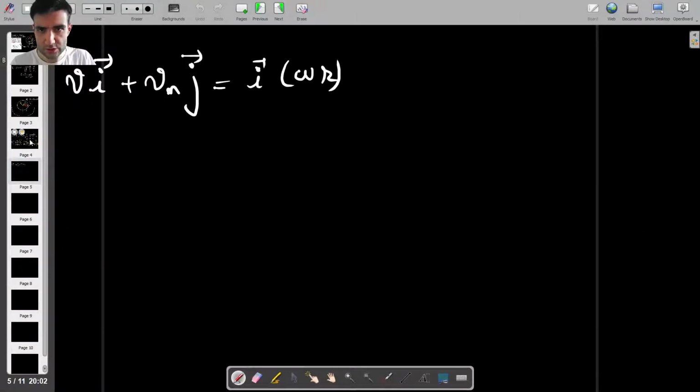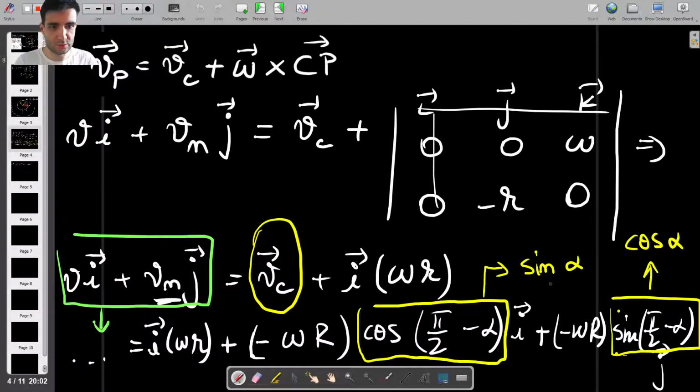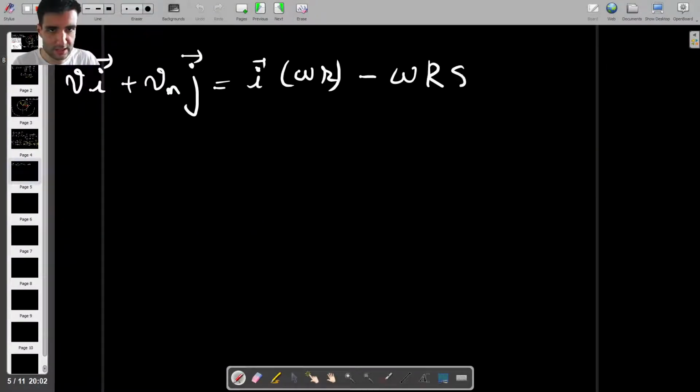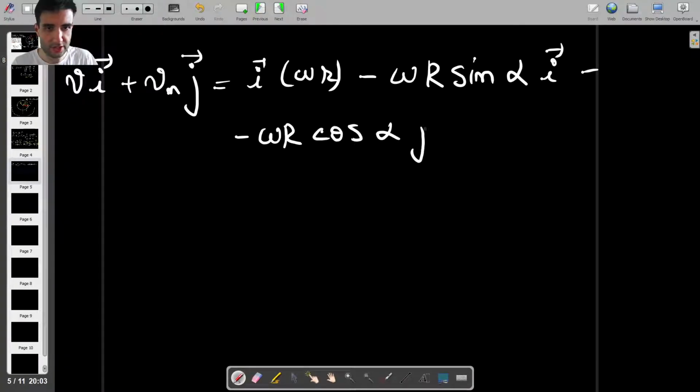So we're getting i omega r, and then minus omega capital R, and we replace the cosine with sine of just alpha, multiplied by i, and then minus omega R cosine alpha j. Okay, so we've got one equation, but it's actually two equations in one, right?